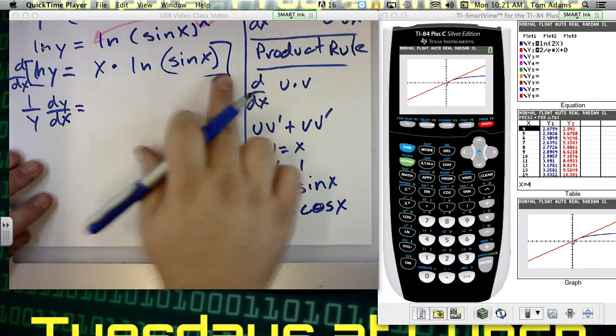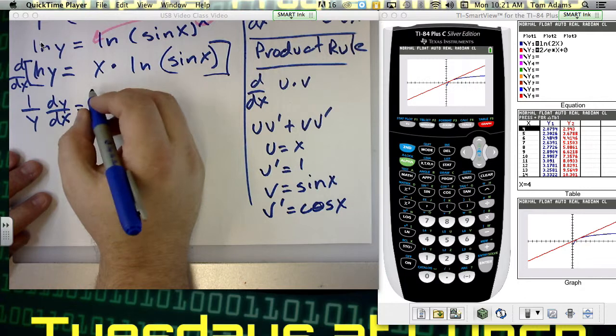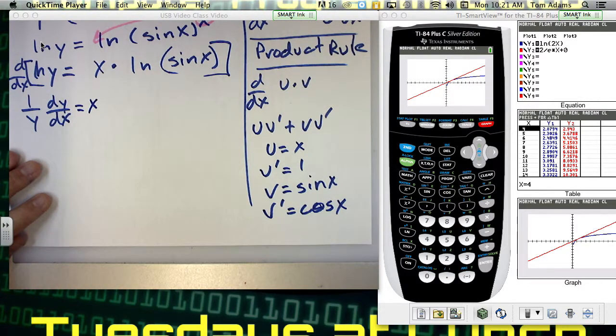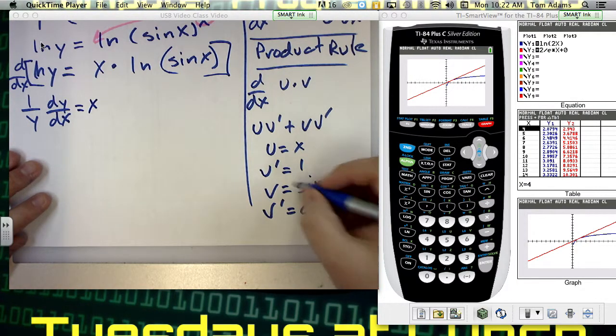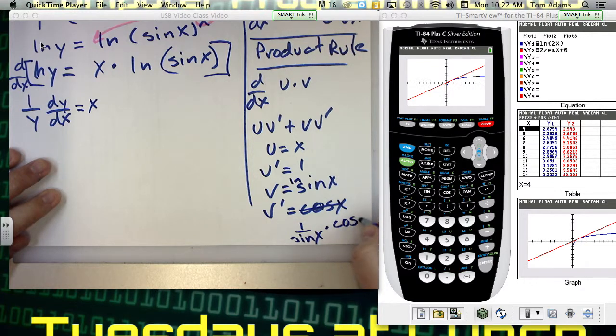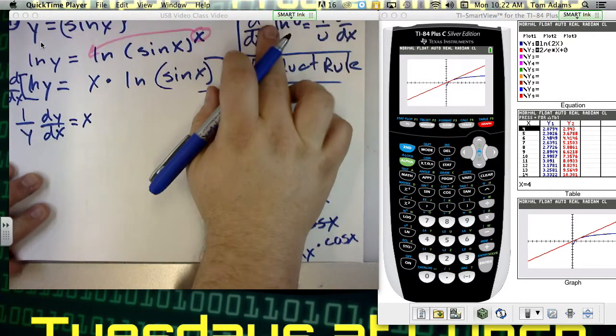So the derivative of all this stuff is going to be x times the derivative of all this stuff, which is going to be, oh wait, it's not just sine of x, it's the natural log of sine of x, which would be 1 over sine of x times the derivative of cosine of x, based on this formula up here, right?